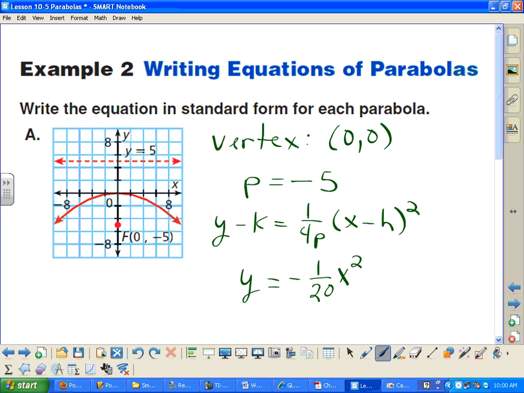All right, the value of h and k were both 0. So we've got 0 here, 0 here, and p is negative 5, which means that 4 times negative 5 is negative 20. And always put the negative in the middle of the fraction bar or in the numerator. It does not go in the denominator. Okay? So make sure you don't put it in the denominator.